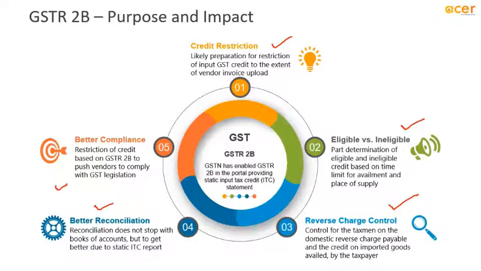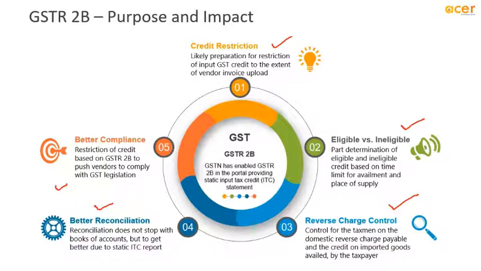So in order to get better entitlement and credit, the taxpayers can now push the vendors to ensure compliance happens, because unless they see the number in the 2B, they will not be able to avail the credit. So there will be a push exerted by the taxpayers on all their vendors to ensure compliance. If credit gets restricted as per 2B, then it is good for compliance. A lot better compliance can be expected from all the GST registered assessees.